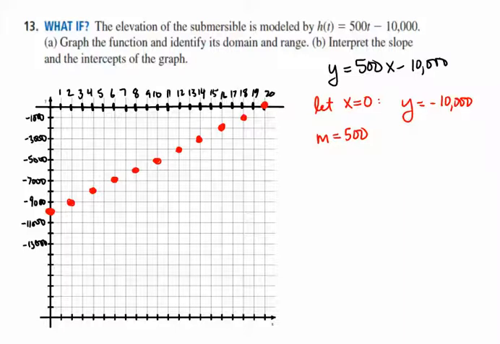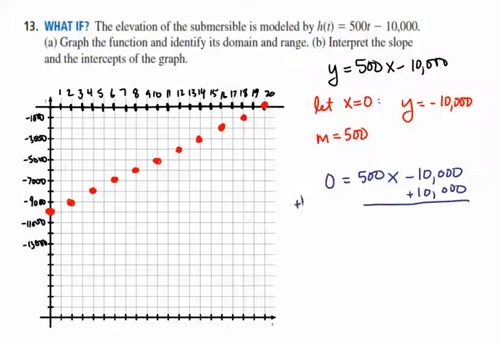Now we could also determine this algebraically by letting y, that is the height, equal 0 and solving for x, or solving for t. And we would add 10,000 to both sides. And we would get 10,000 is equal to 500x, dividing both sides by 500.